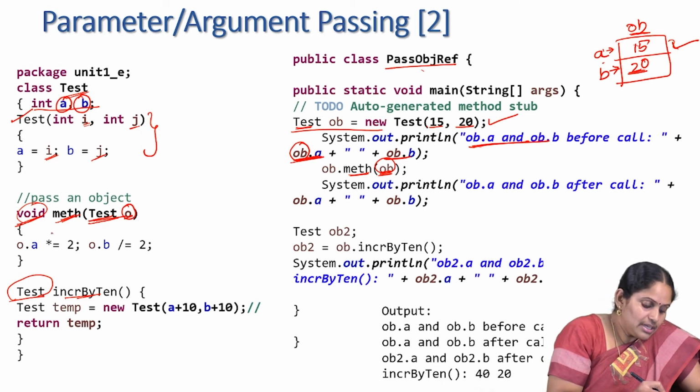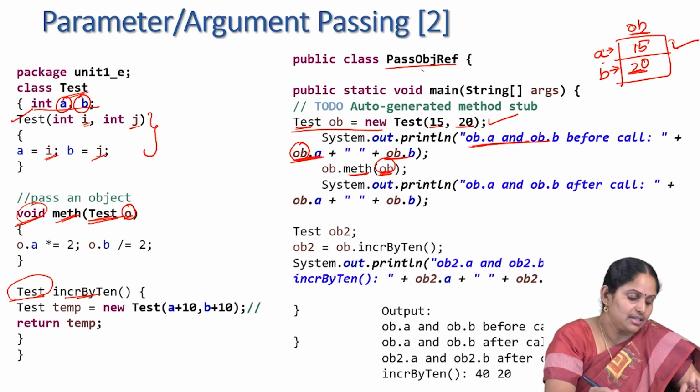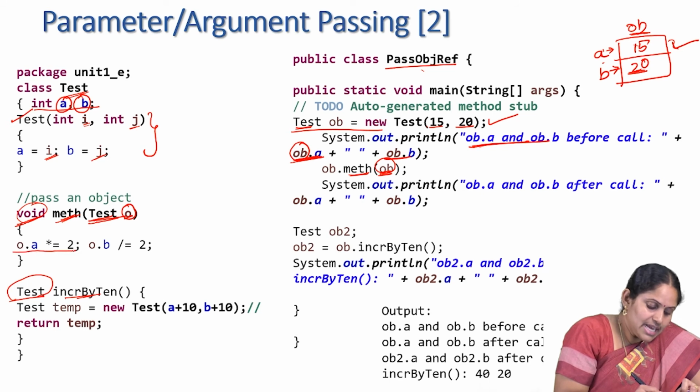So what are we doing here? We have passed this object itself to the method meth. Now inside the method we are changing the values of A and B. O.a is multiplied by 2.